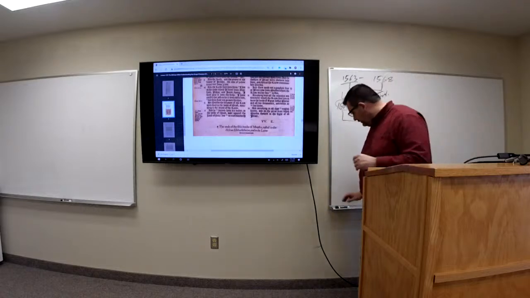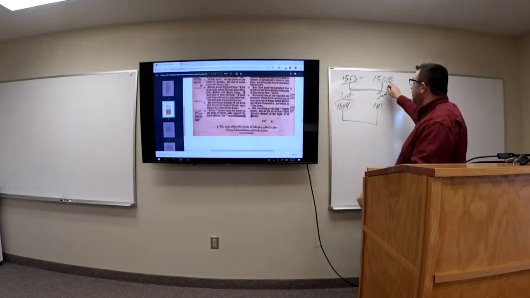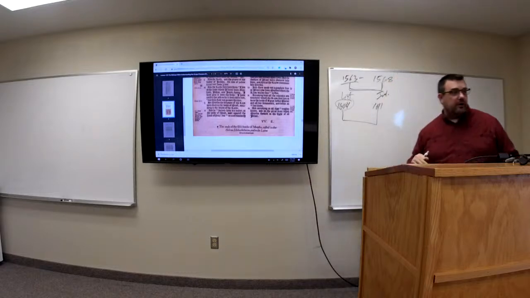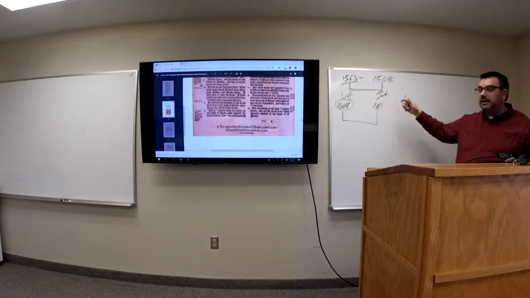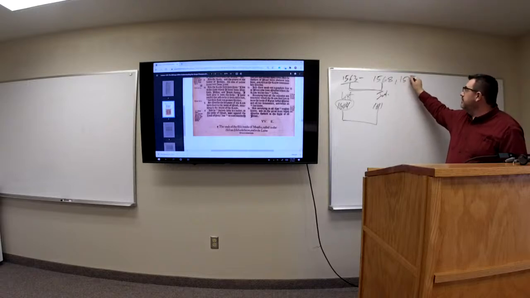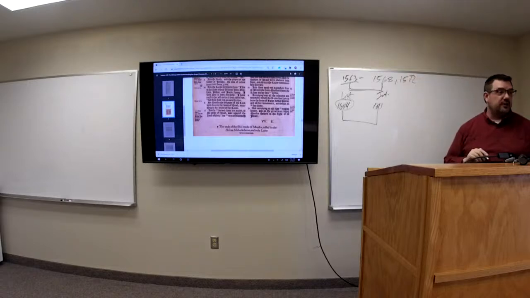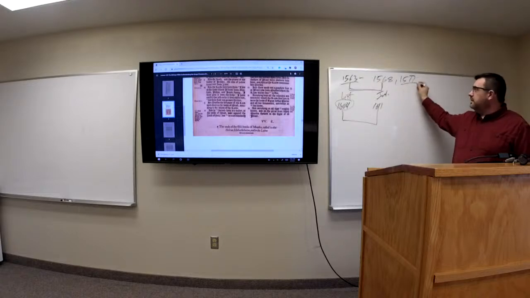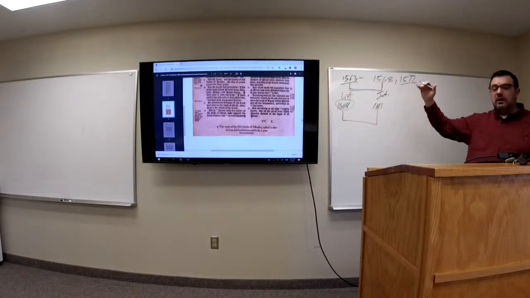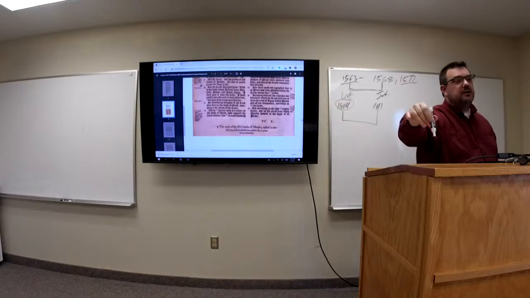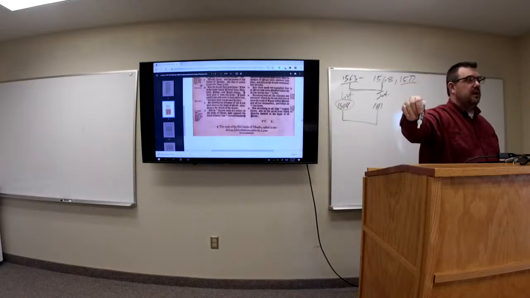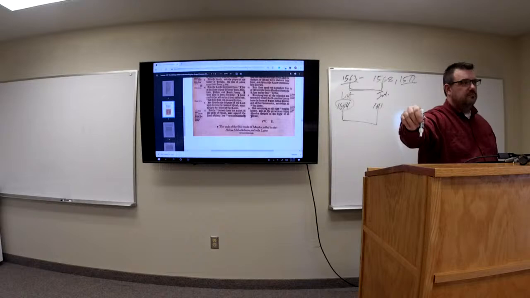So the first Bishop's Bible comes out, as we already have noted up here on the board, in 1568. There's going to be a revision of it in 1572. The 1572 revision is largely due to recommendations that this Lawrence guy is going to make as he reviews it. Okay?